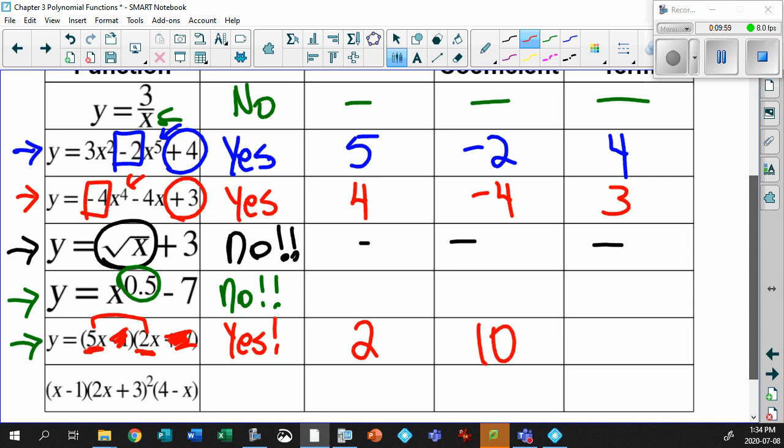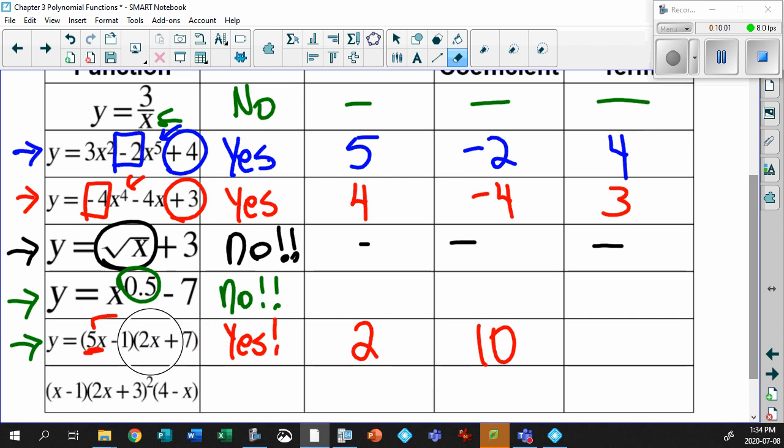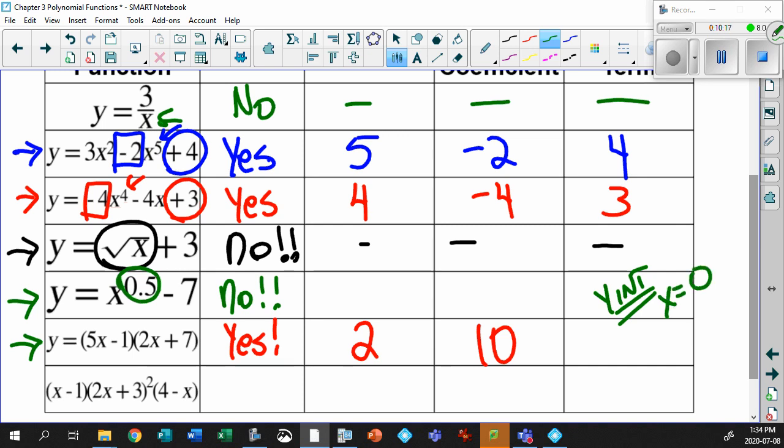But now, here comes the fun part. Watch this. What is the constant term? Well, remember, the constant term is determined by the y-intercept. Okay, when is a y-intercept a y-intercept? It's a y-intercept when x equals 0. So watch this. Do you remember how we got rid of the other numbers and figured out these guys?